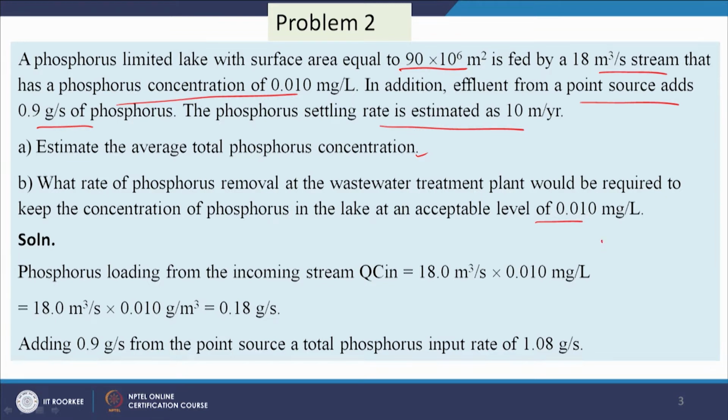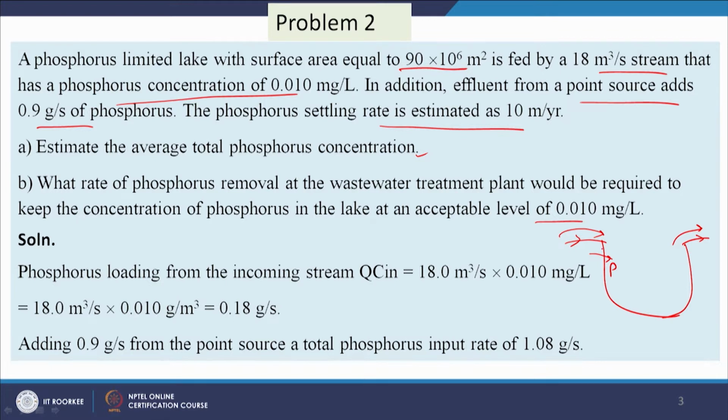So, if we have a lake, we have one stream here and it is going out also. In this way it is coming in and this is going out, and we have another point source somewhere here that is giving phosphorus. Now, if we see at steady state, what will be happening?